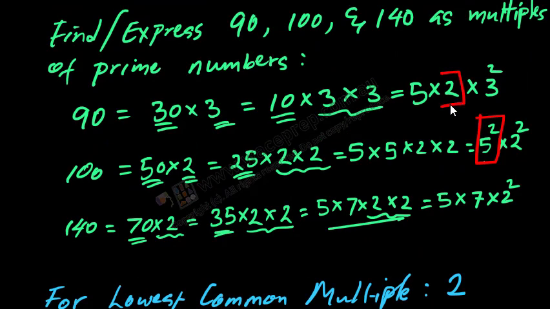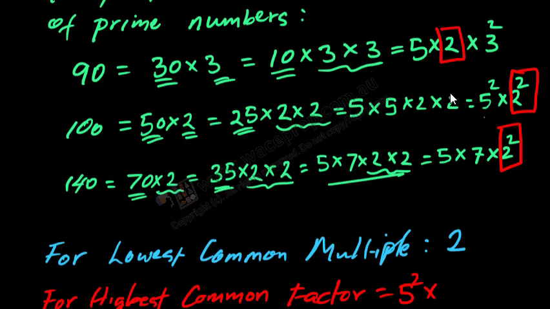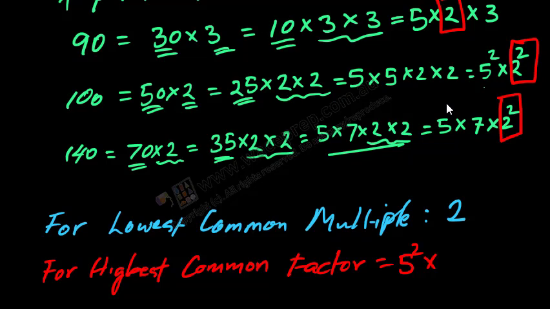We have 2 squared. Let's get rid of the box from 5 squared. And we also have another 2 squared. Now we only take the highest of these 3 values, which is only 2 squared. So in our calculation for highest common factor, we multiply with another 2 squared.